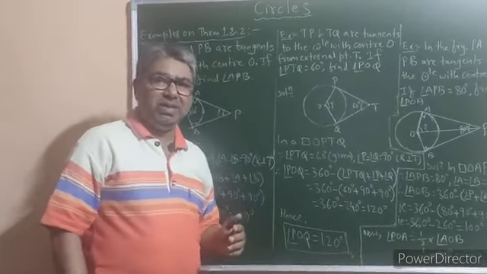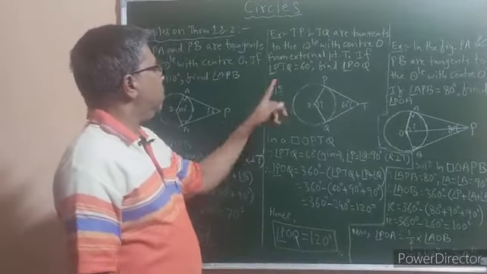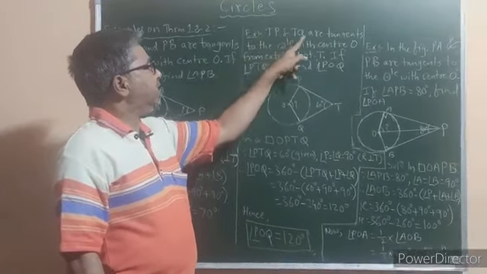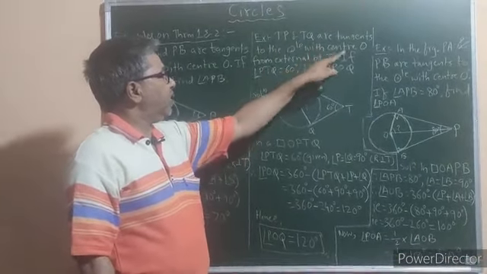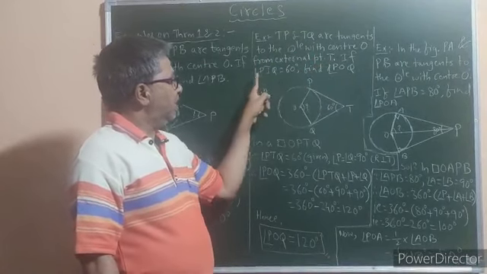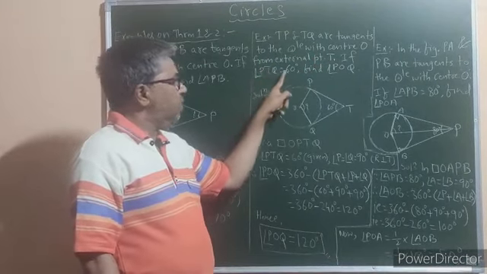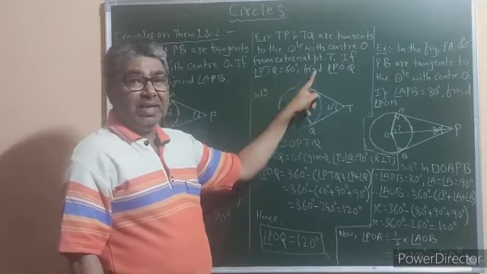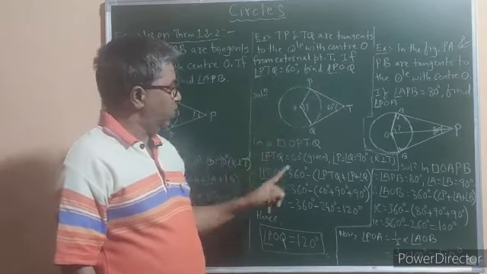Now coming to the second example of today's video, TP and TQ are tangents to the circle with center O from an external point T. If angle PTQ is equal to 60 degrees, find angle POQ.